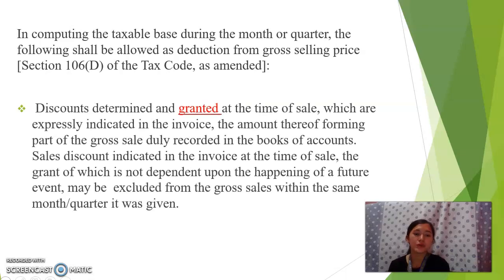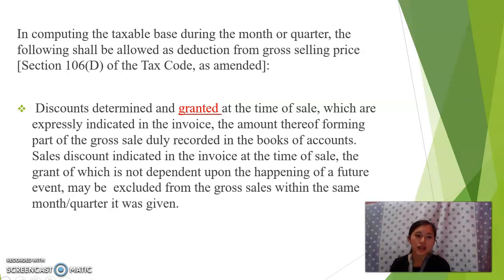Discounts determined and granted at the time of sale, which are expressly indicated in the invoice. The amount thereof forming part of the gross sale duly recorded in the books of accounts. Sales discounts indicated in the invoice at the time of sale, the grant of which is not dependent upon the happening of a future event, may be excluded from the gross sales within the same month or quarter it was given.